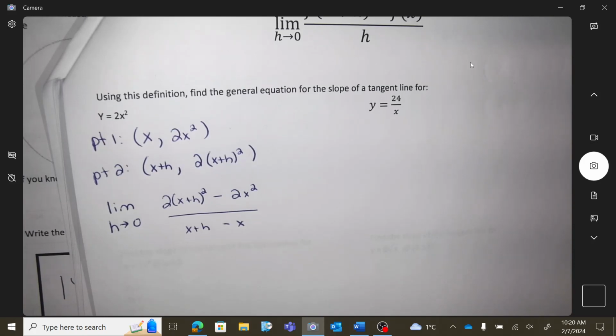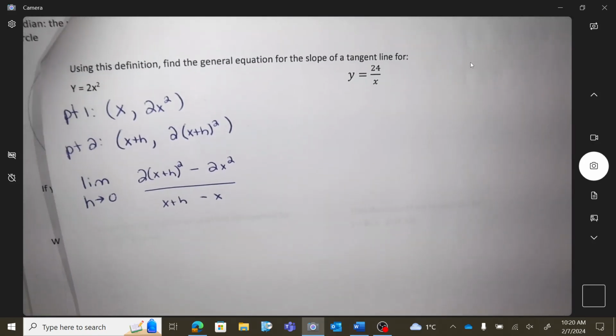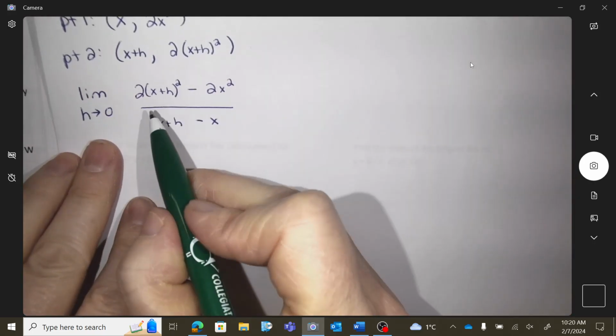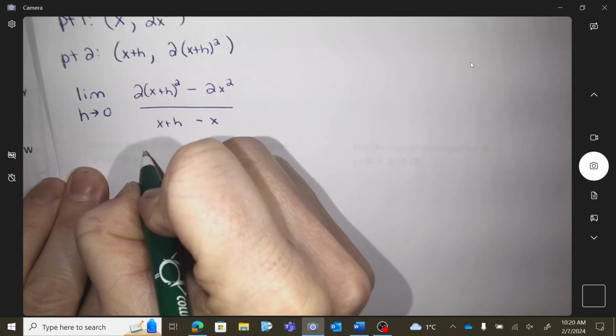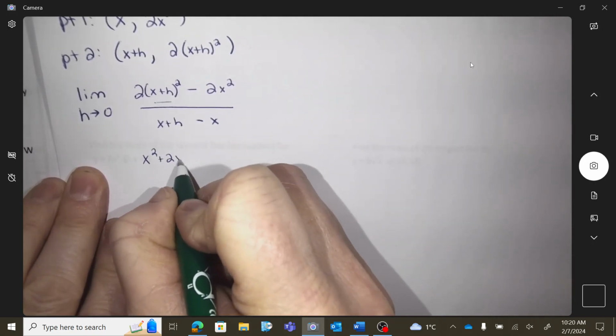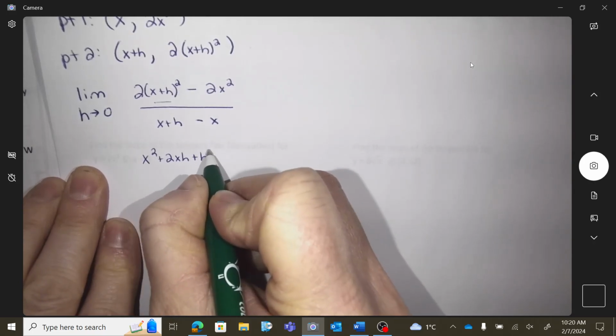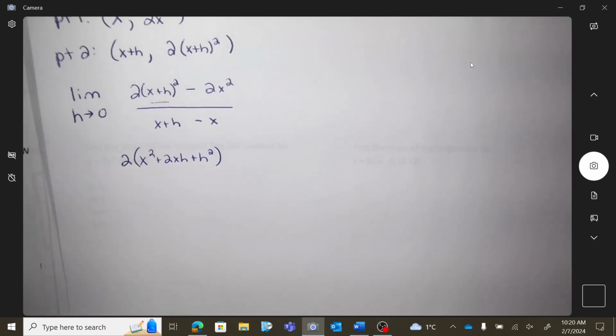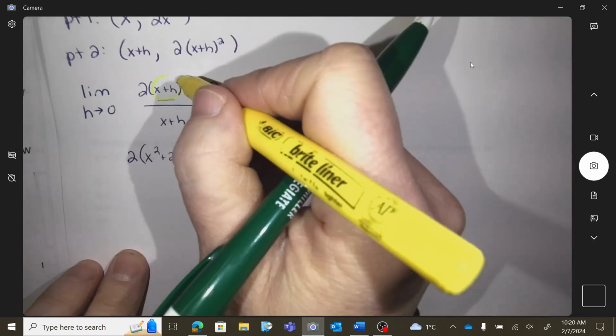That's the goal. Okay, now it's just algebra. Okay, so I need you to square that. So your first step is to square that.